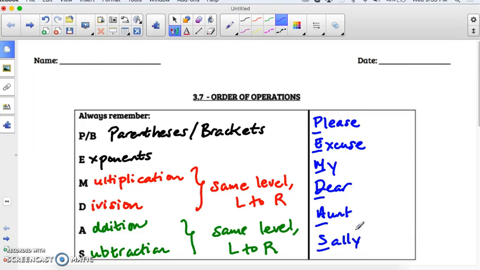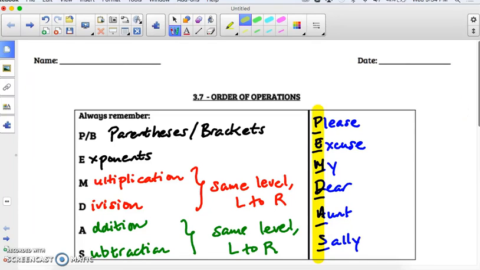So it helps you remember the order of the operation. Then I'm going to take my highlighter and highlight that as well. Okay, so please excuse my dear Aunt Sally. So that's where PEMDAS comes into play. Again, you'll often hear BEMDAS or BEDMAS as well. You can come up with your own acronym to remember the order. So that's order of operations.